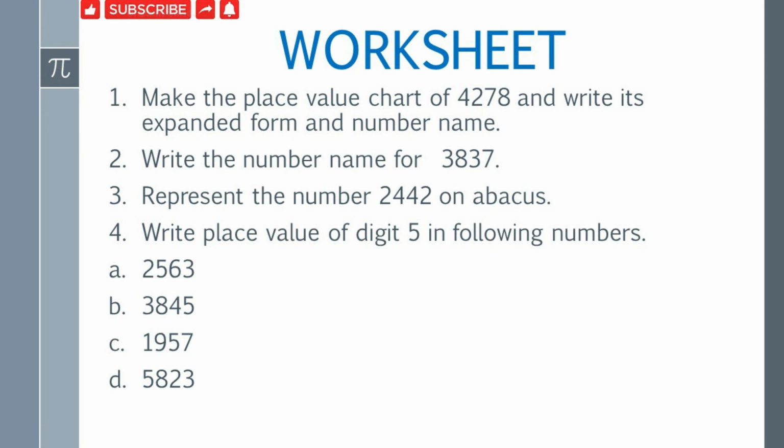Third one, represent the number 2442 on abacus. Fourth one, write place value of digit 5 in the following numbers: A 2563, B 3845, C 1957, D 5823.